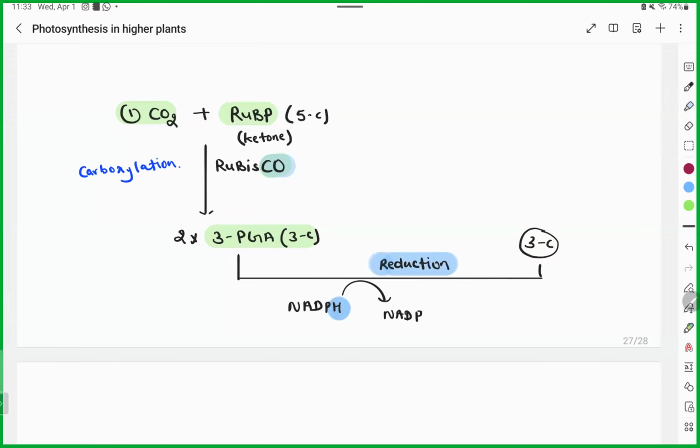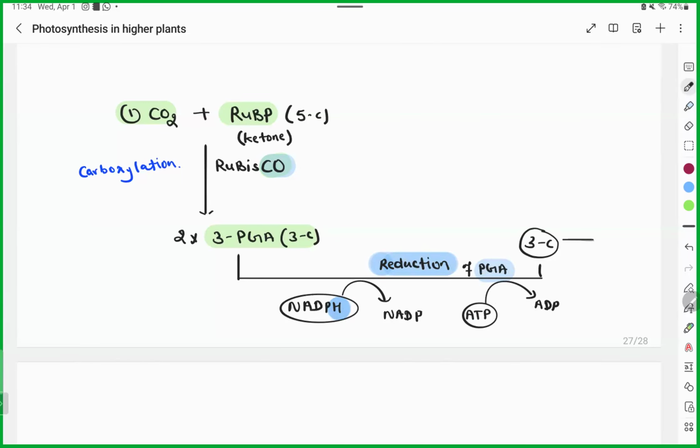Remember, reduction of PGA, not reduction of NADPH. Also, ATP is utilized here. ATP and NADPH both are utilized. Why? For food formation, you need energy. Correct? ADP is produced.